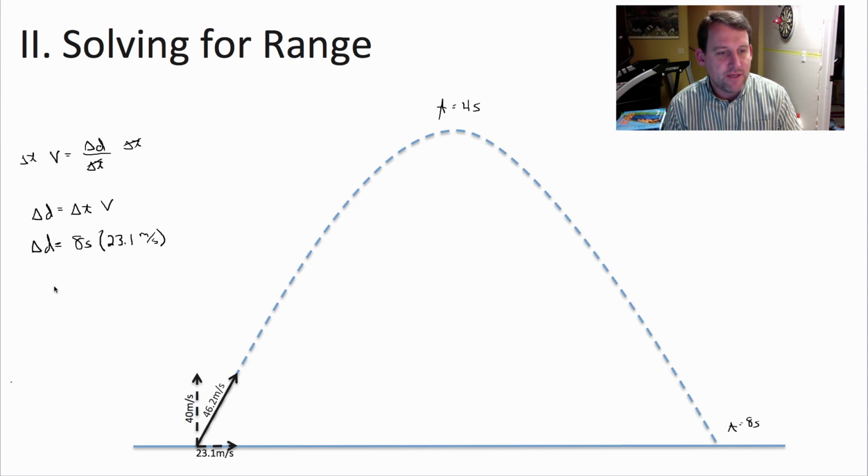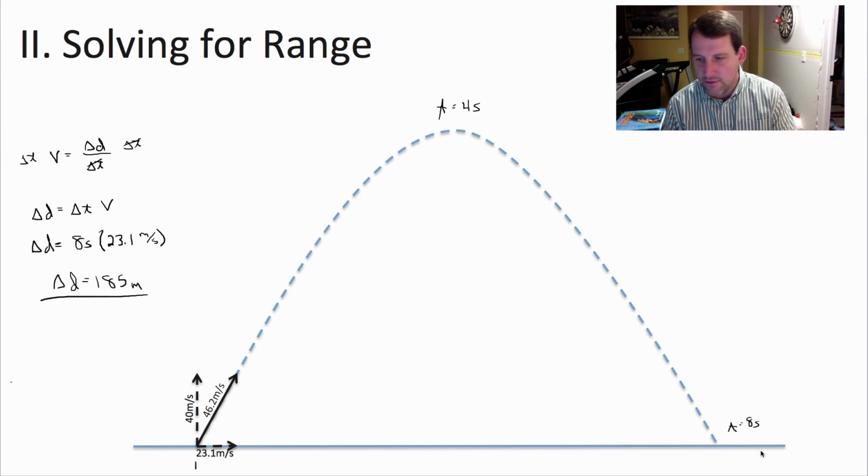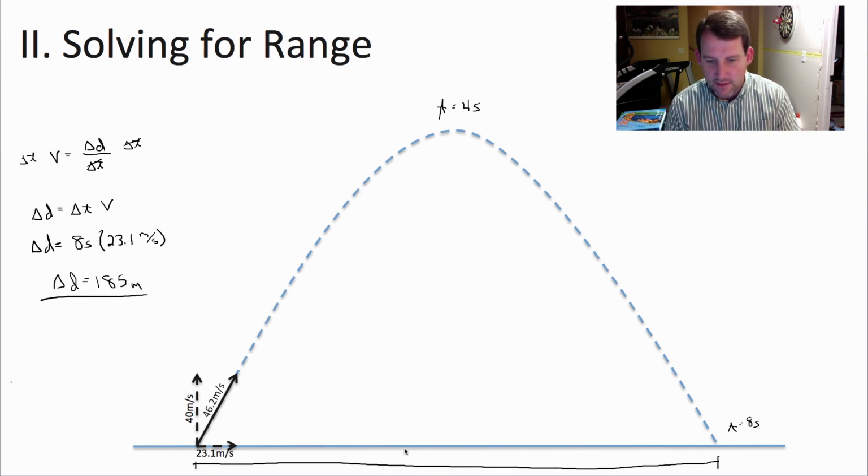And you get that the change in distance is equal to 185 meters. So from here to here, this distance is 185 meters. That's where it's going to land.